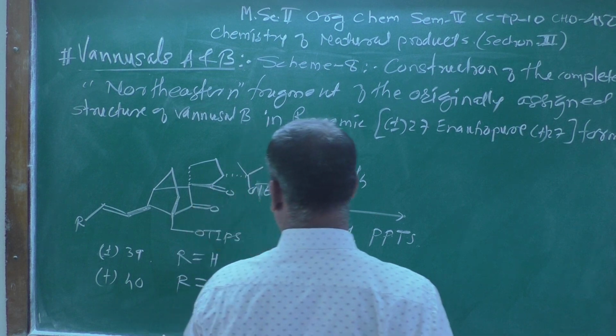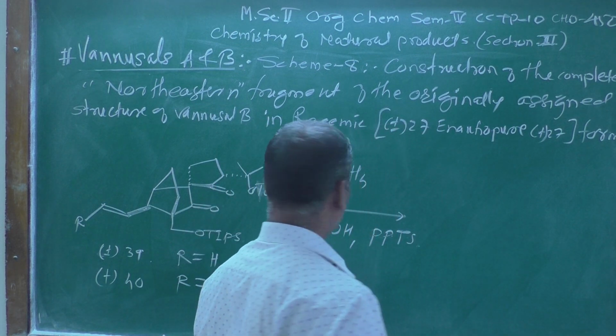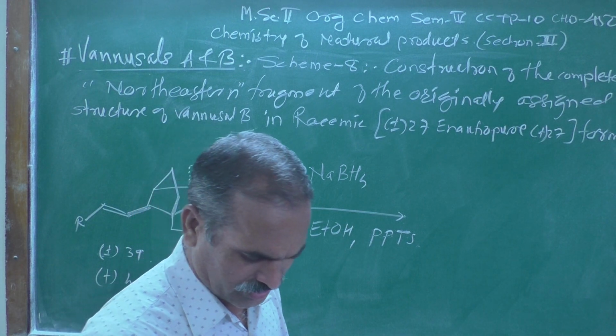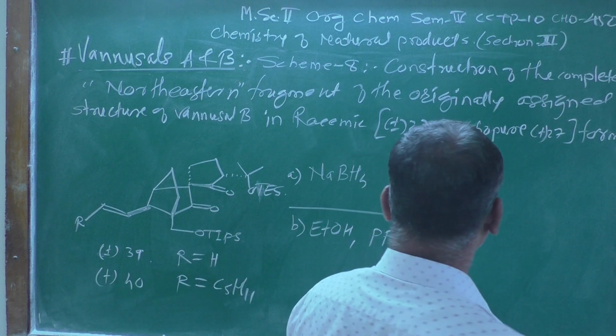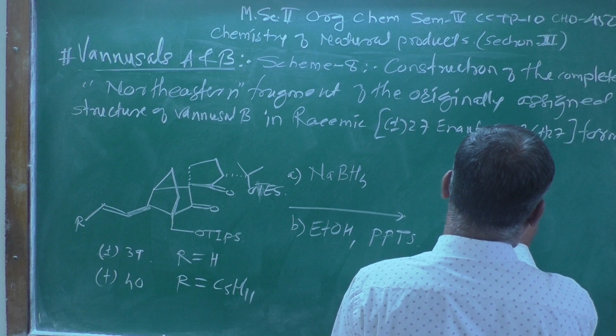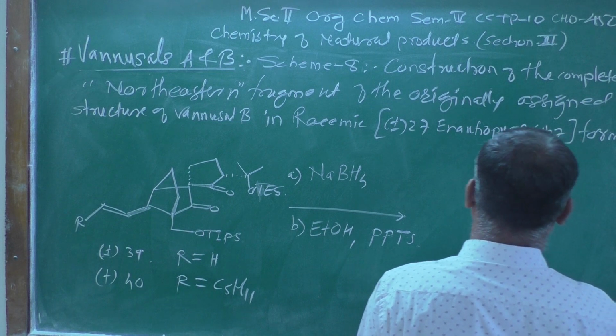Sodium borohydride can reduce these two structures very selectively, and now you are going to get the structure which I am representing.